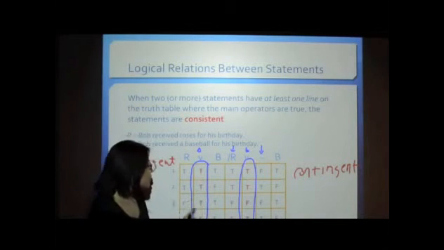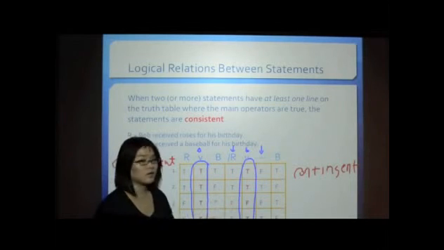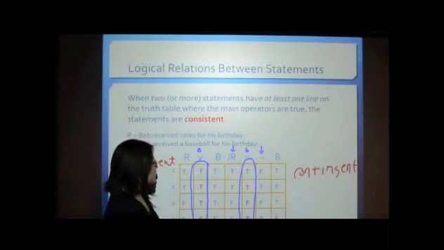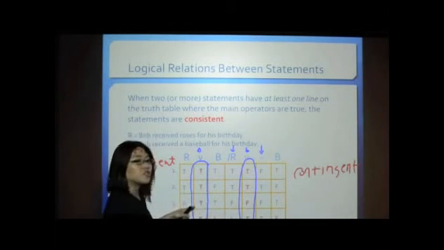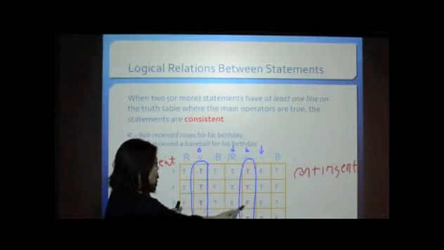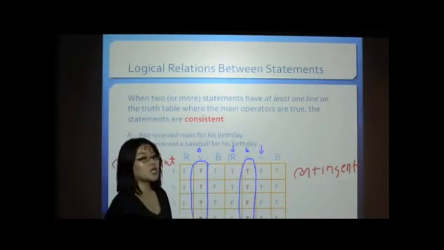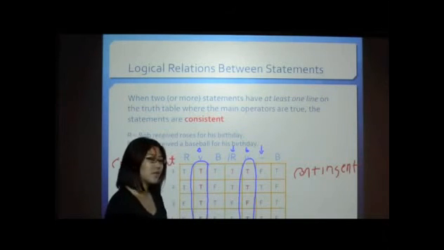We can also compare these statements and see whether these are logically equivalent statements. Well, although they have the same truth values here, notice that they have different truth values here. Where this is true, this is false, and where this is false, this is true. This means that these are not logically equivalent statements, because for logically equivalent statements you have to have the same truth values on every line between the statements.